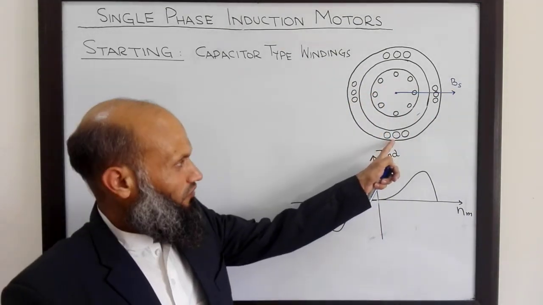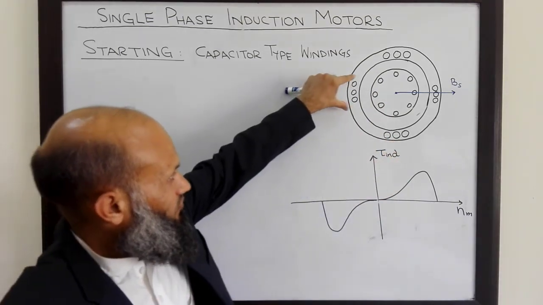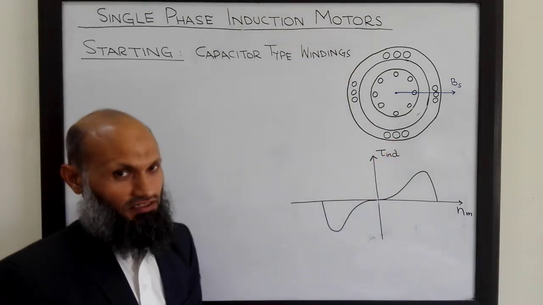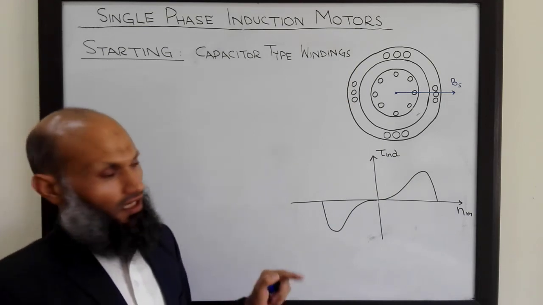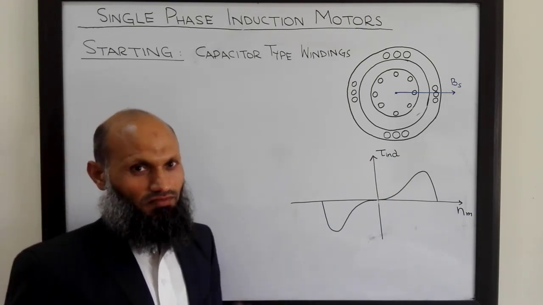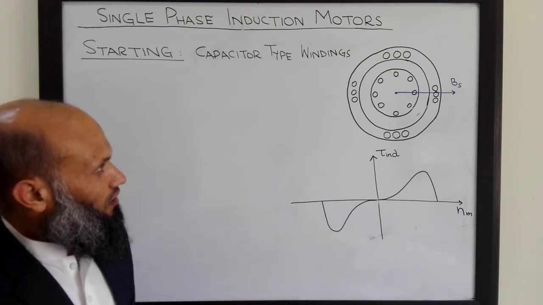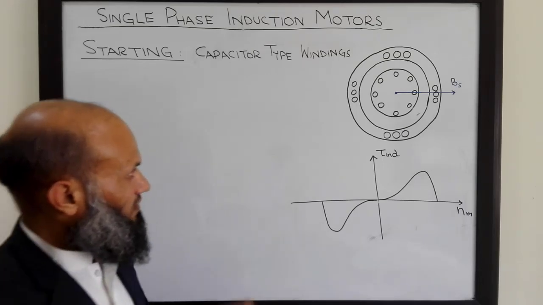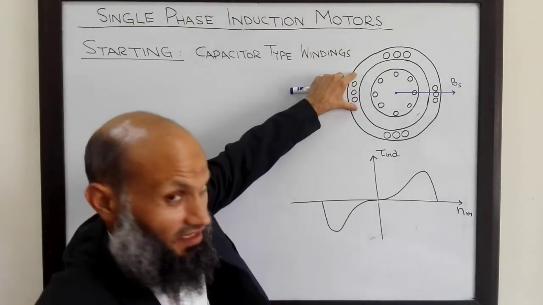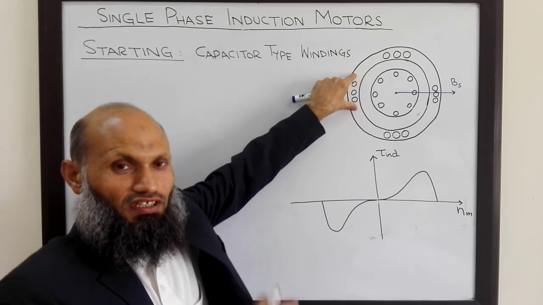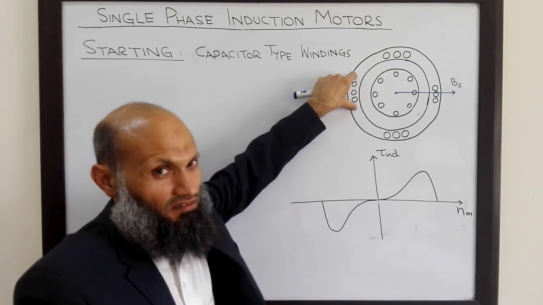So we have main windings on the stator and we have auxiliary windings on the stator. Both of these windings are supplied with the same single phase supply. However, in one winding, that is in the auxiliary winding, we insert a capacitor.